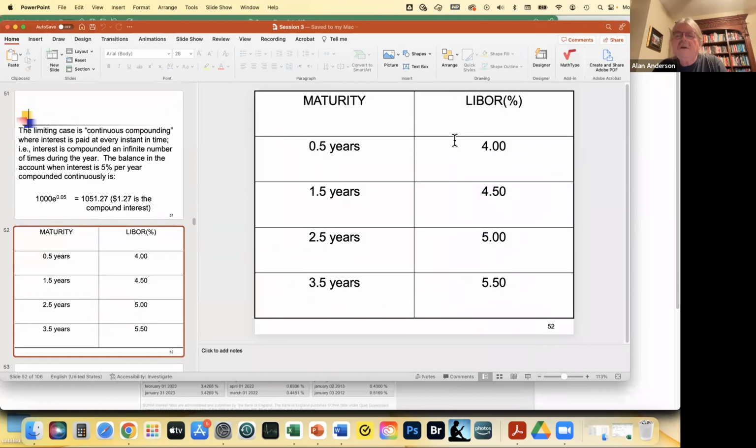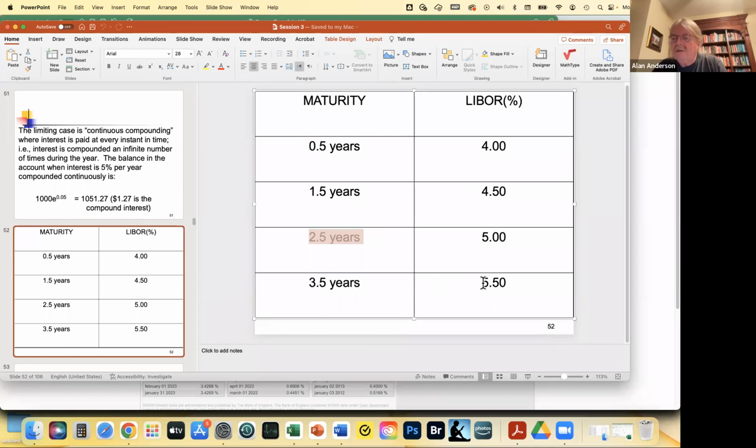So here's the current term structure of interest rates for LIBOR. 6-month LIBOR is currently 4%. 18-month LIBOR is 4.5%. 30-month LIBOR is 5%, and 42-month is 5.5%.